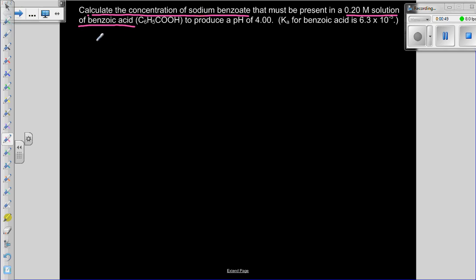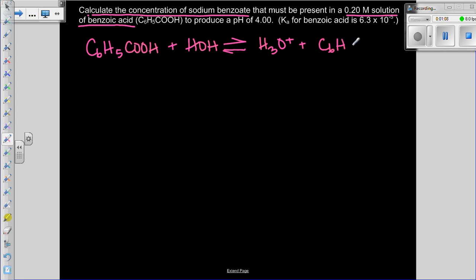Now when I write the reaction, I'm going to write the acid first. I'm writing benzoic acid plus water will give us, acid's a proton donor, so that hydrogen is going to water. We will get hydronium, and we are going to get the conjugate base, which is benzoate.